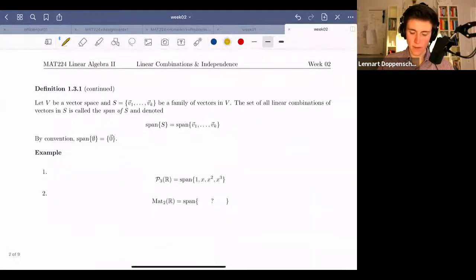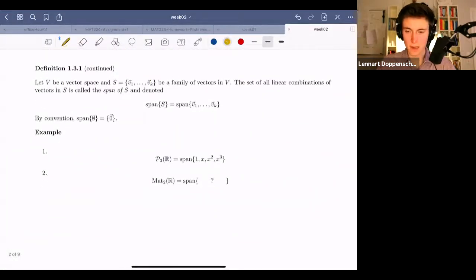Okay, now let's get to another definition, and then I'll finally let you discuss something in the last 10 minutes. So if you have these kinds of families of vectors and you can take linear combinations of them, it is almost obvious to guess that we want to give the set of all possible linear combinations a name. And so this is exactly what the span is. So if we have a family of vectors, v1 to vk, and we consider any possible combination of them.